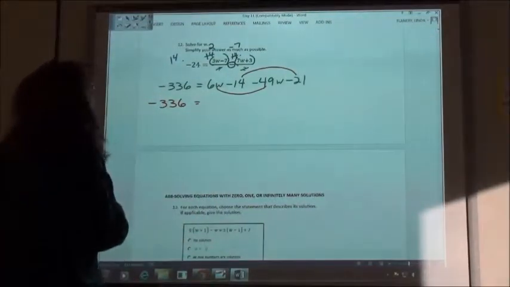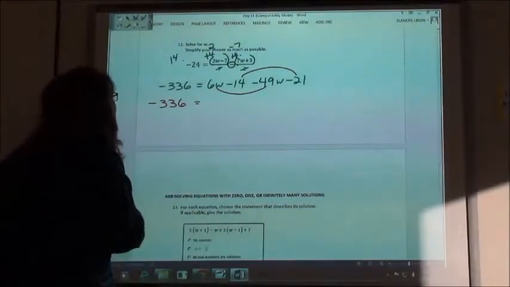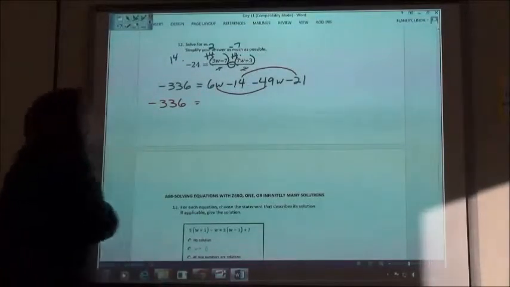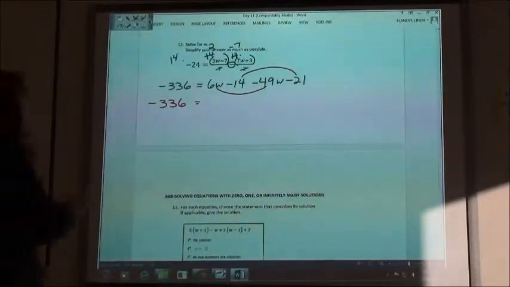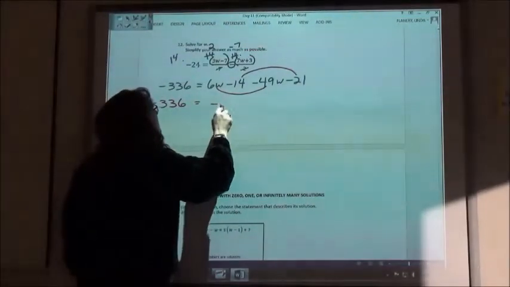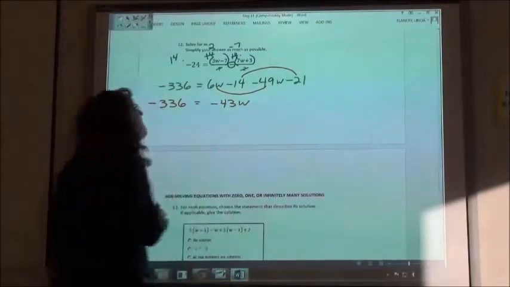How would you get that? Because my 6 is a w. Oh, I messed up there. So it's going to be 6 minus 49 equals negative 43w.